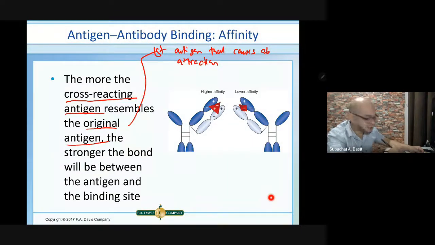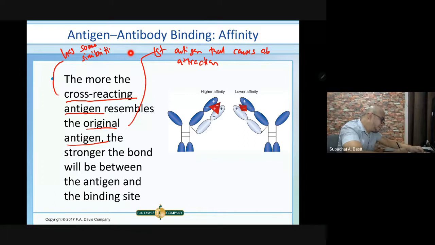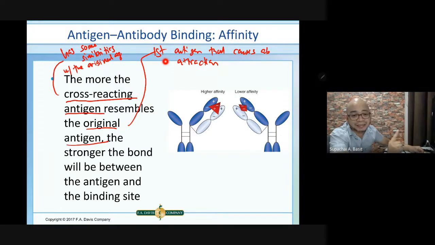However, when we say cross-reacting antigen, it has some similarities with the original antigen. They only have similarities with the original antigen.